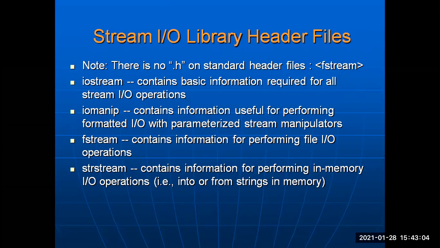Similarly, we have the string streams also, for which we use the sstream header. So these are the various headers: iostream is a header, iomanip is a header, fstream is a header, sstream is a header here, right? So based on our requirement, we can use these headers in our program. The sstream header contains information for performing in-memory IO operations here.